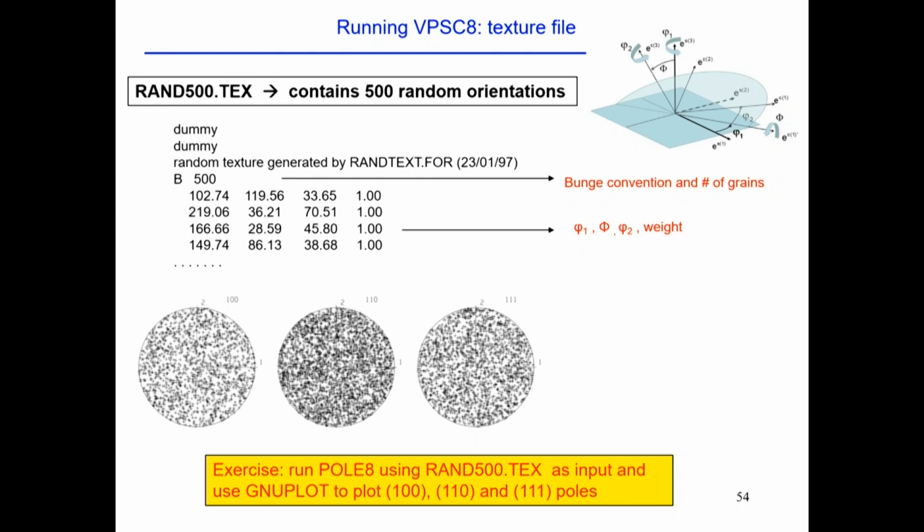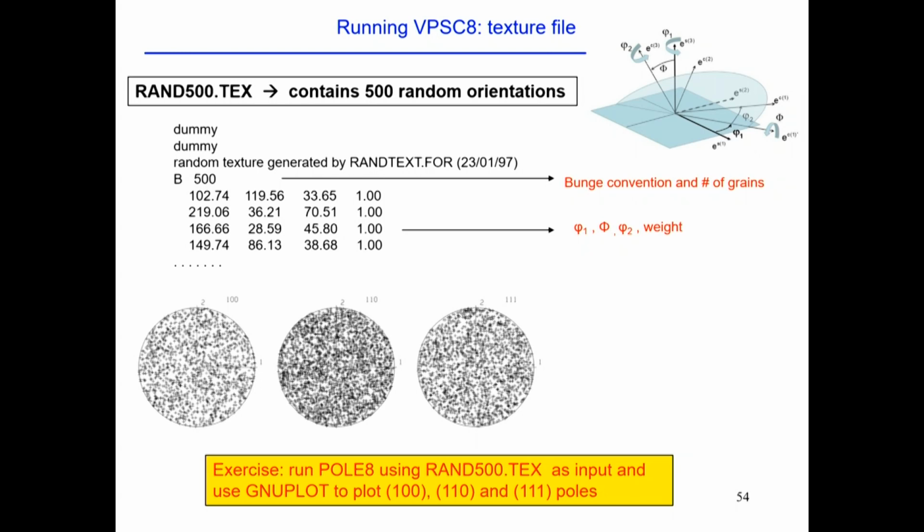The texture file has a simple structure. It has essentially 3 lines that are left there just to put information that may be relevant to what this texture is, where it came from, whatever. And then it has a letter that indicates what convention is used to represent the Euler angles.